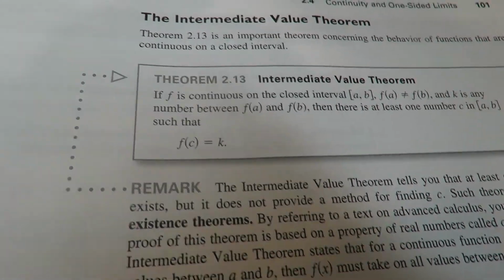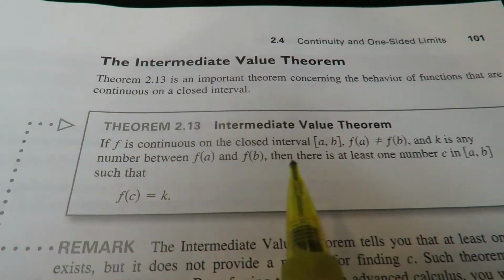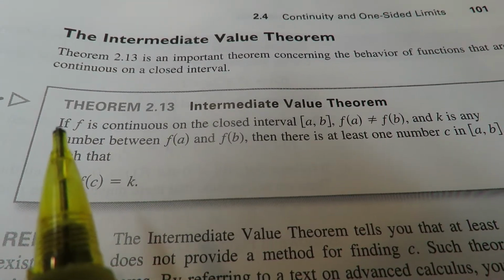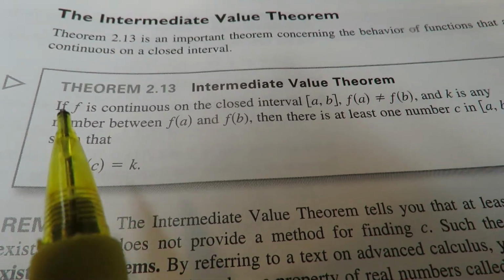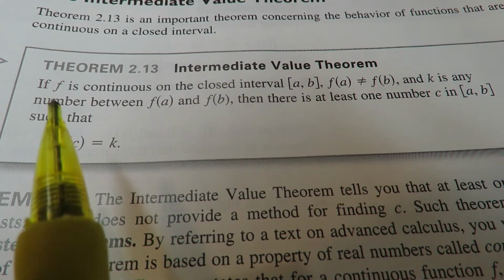Okay, gang, I want to cover one last topic here from 2.4 called the intermediate value theorem. You should have seen this before, but if not, it's not a tough one to understand.